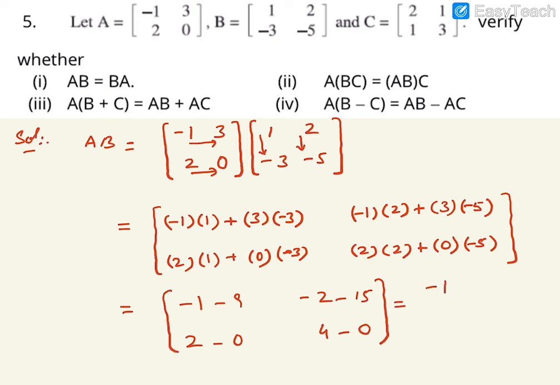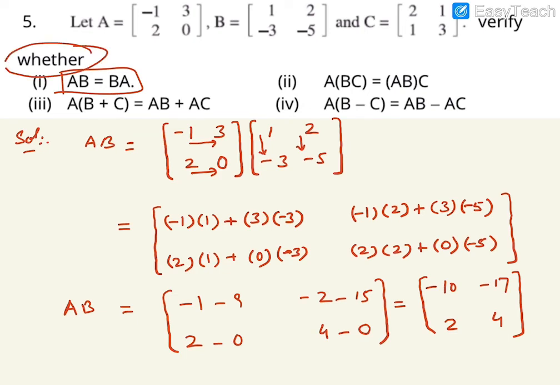Now we will have minus 10, minus 17, 2 and 4. This is the answer for AB. Now we need to find BA, and we need to check whether this relation is established or not. Whether AB is equal to BA or not, it may or may not be possible.